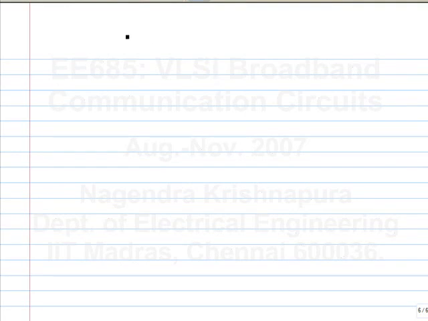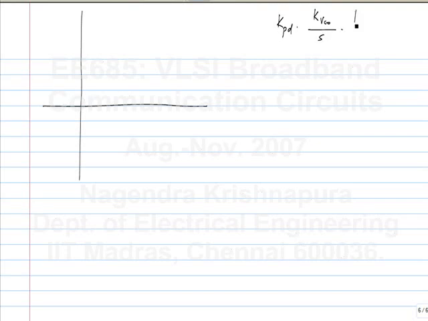So originally we had the loop gain to be KPD times KVCO by S times 1 over N. What does that look like?